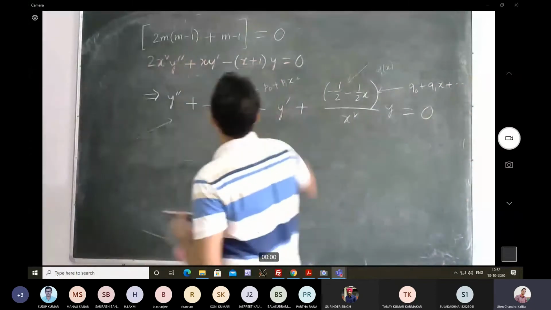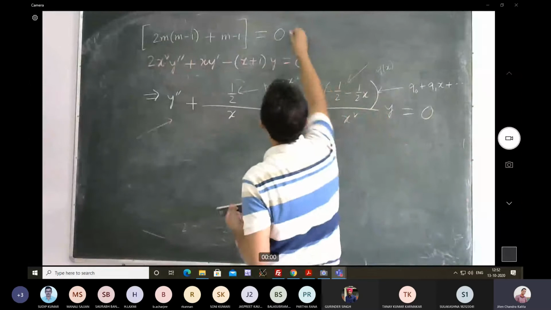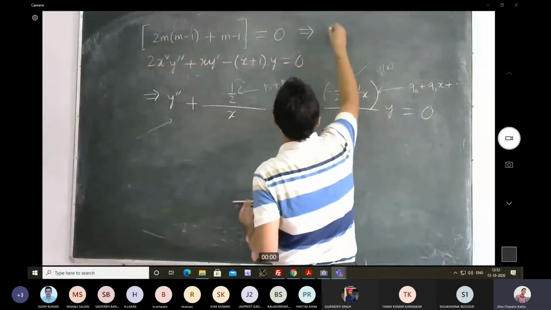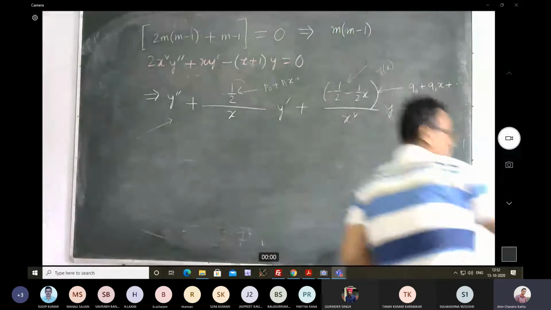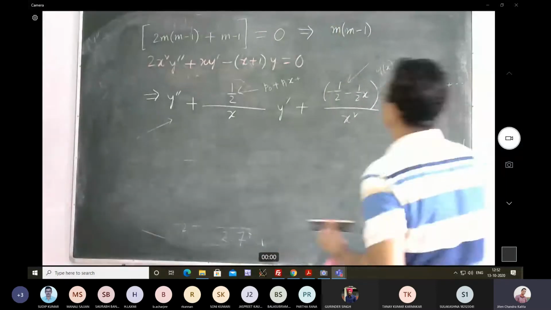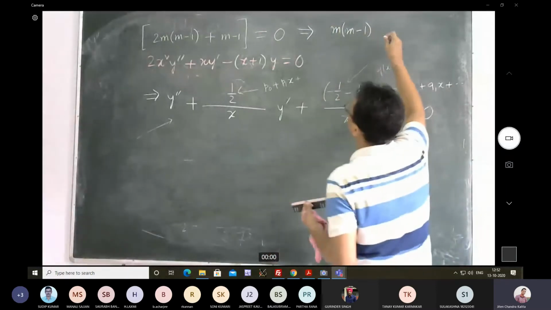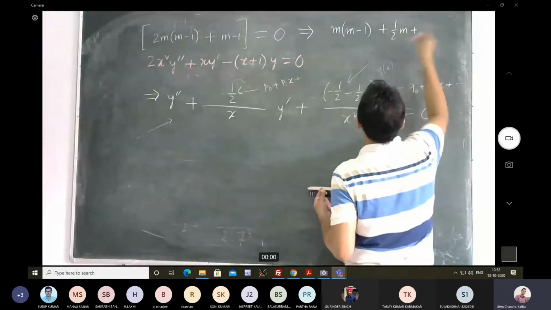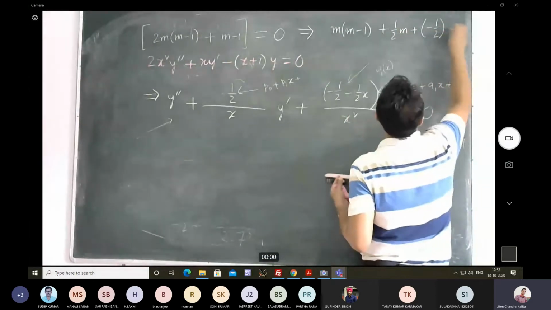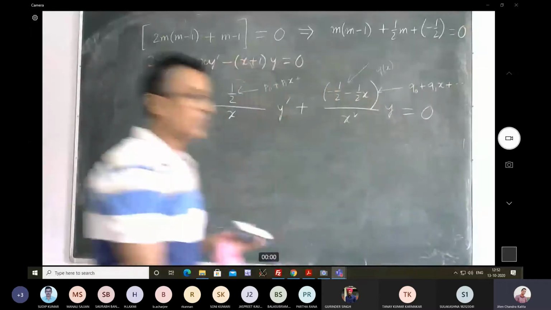Now, if you look at this equation, it could have been written in that form, equal to 0.